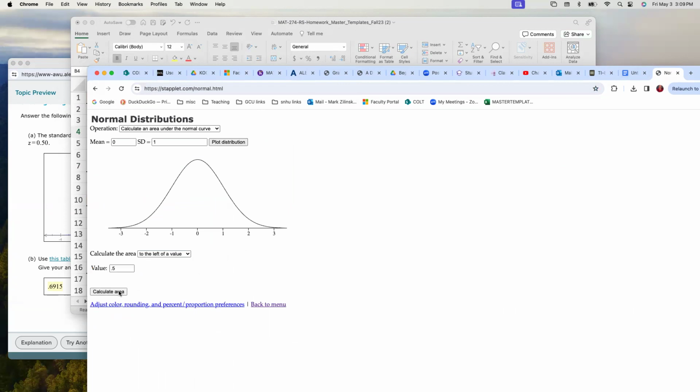This one is a little bit more conducive in terms of manipulating a little bit and seeing the picture all at the same time. But here again, once we convert to a decimal, we would get 0.6915. So a couple different options there.